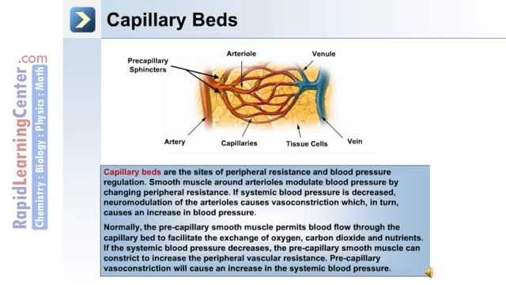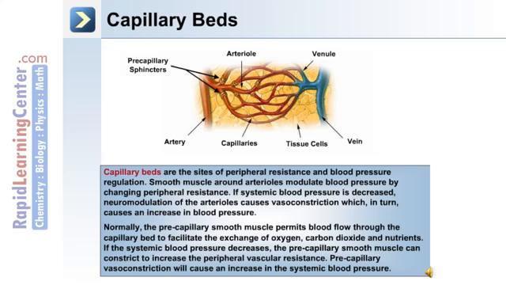The capillary beds are the sites of peripheral resistance and blood pressure regulation. Smooth muscle around arterioles modulates blood pressure by changing peripheral resistance. If systemic blood pressure is decreased, neuromodulation of the arterioles causes vasoconstriction, which in turn causes an increase in the overall blood pressure.